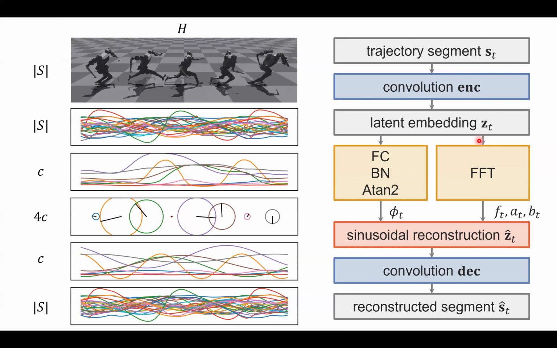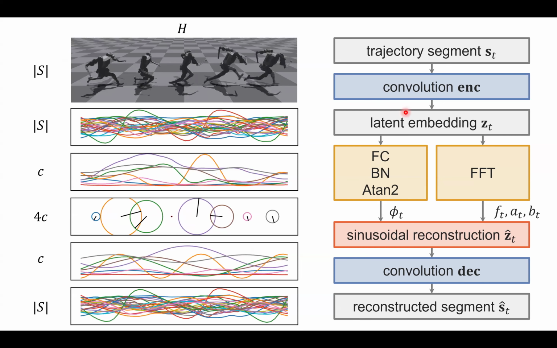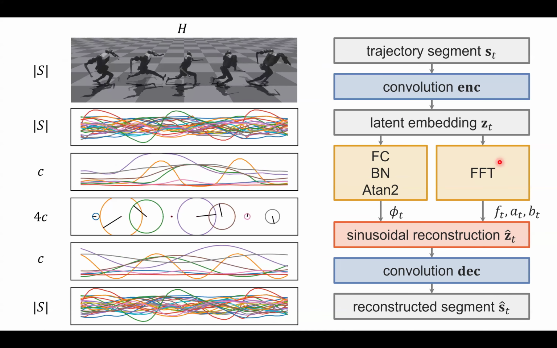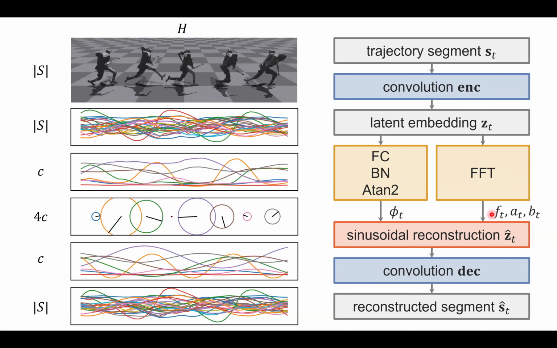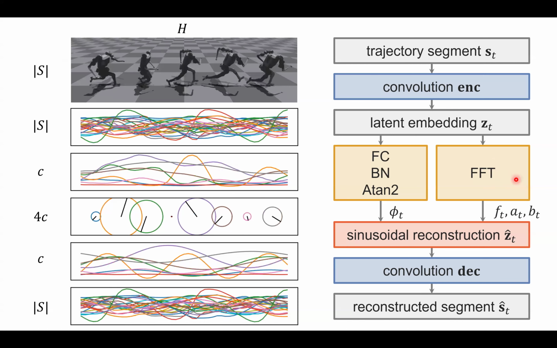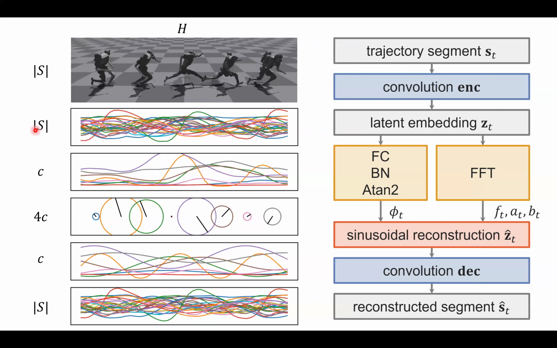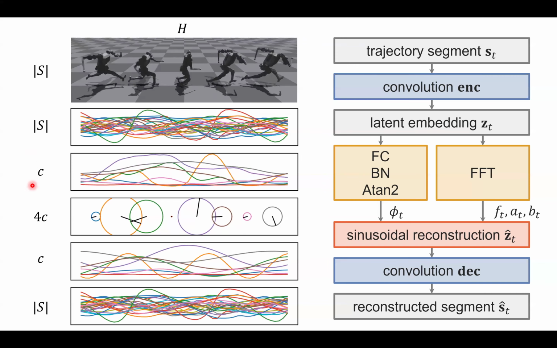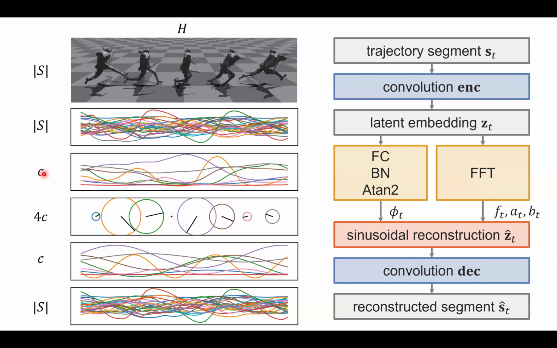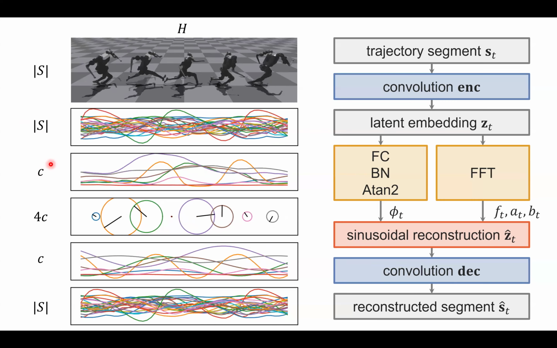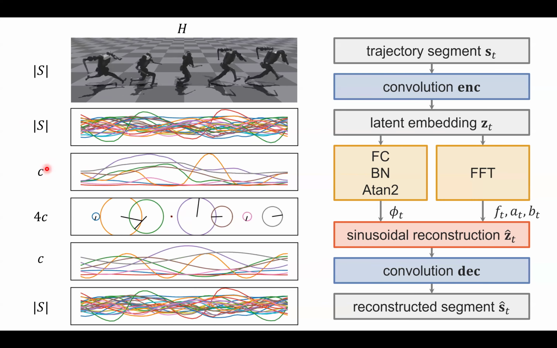After we get the latent embedding, after a convolution layer, we perform a Fourier transform on this latent embedding to extract the latent frequency, amplitude, and offset of the latent embedding. So here on the left, this is the input, and these are the latent channels. After a Fourier transform, we are extracting them into 8 channels.